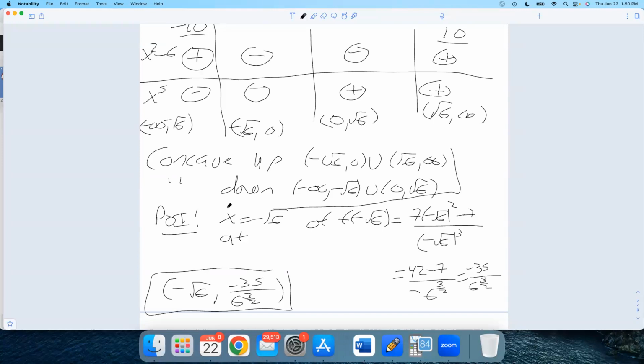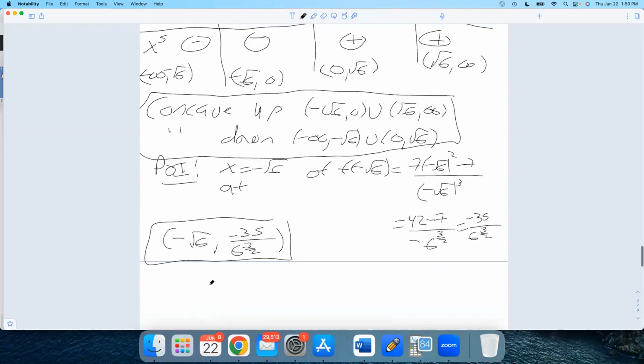And let's circle this stuff. And then the other one, we're going to get basically the same thing. Positive root 6, plug that into the original function. I'm going to get the same thing on top.